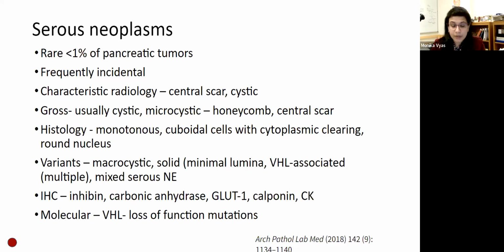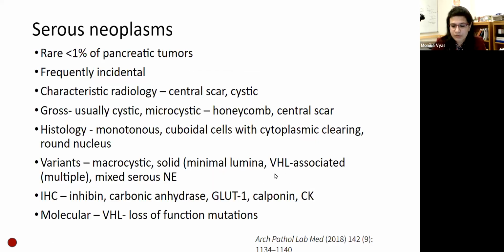And one must be aware of that while dealing with cystic neoplasms as well. Those specimens tend to be even more hypocellular and may only show rare cells, which would be diagnostic of this entity. Immunohistochemically, they show expression of carbonic anhydrase 9, inhibin, calponin, or GLUT1. And on a molecular level, they may show mutations in the VHL gene.